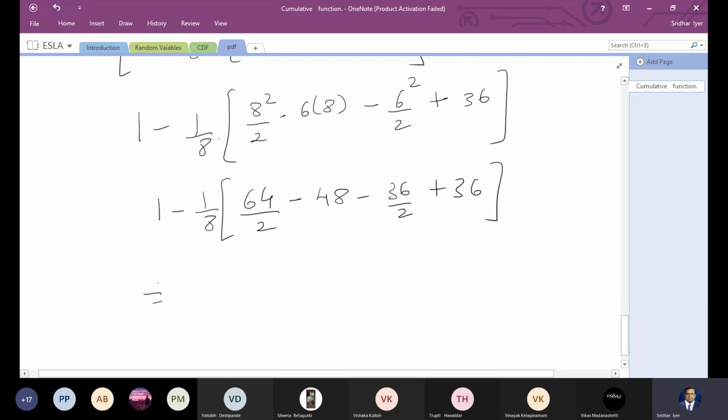So this value using the calculator, you'll have 1 minus 2 by 8, so you'll get 6 by 8, which is 3 by 4, which is 0.75.